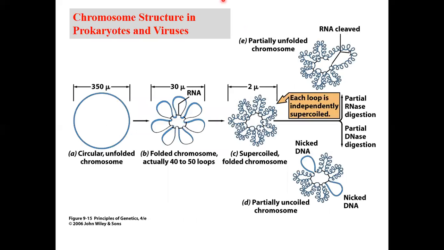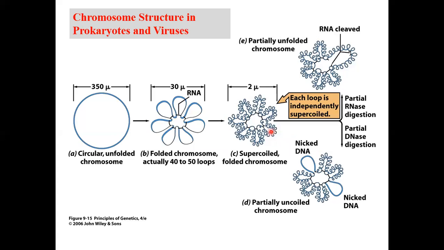Here you can see a circular DNA, and it contains 50 to 100 loops. After making the loops, the size of the chromosome is reduced from 350 micrometers to 30 micrometers. Further, the supercoiling reduces its size to 2 micrometers.